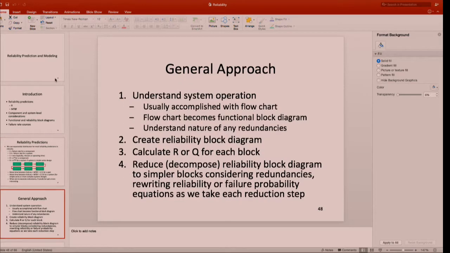All right. So what is the general approach if you have a more complicated system and you want to calculate its reliability? There are 4 general steps that we can follow. The first step is to create the flow chart, or the functional flow block diagram. You remember that's a part of the preliminary design.